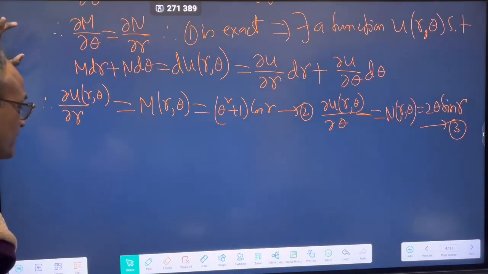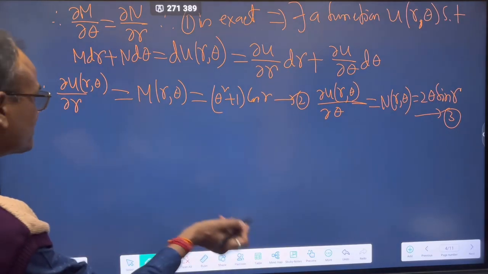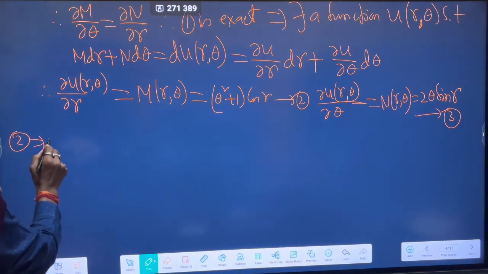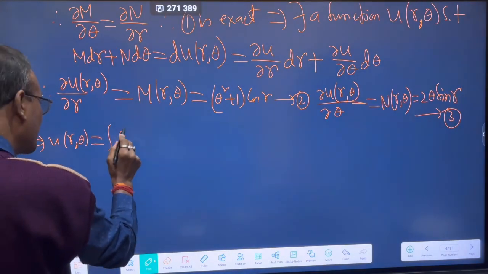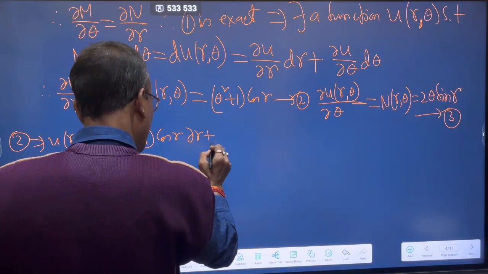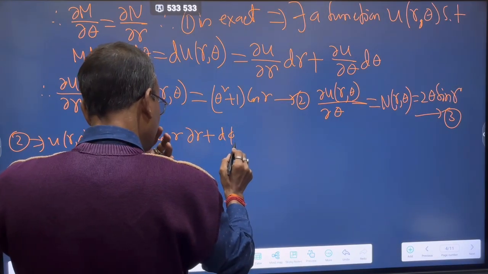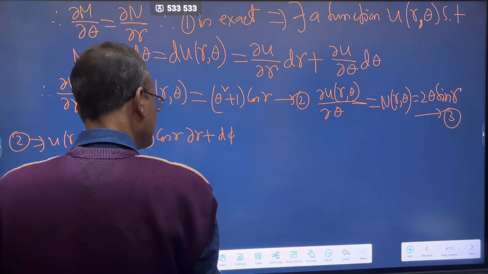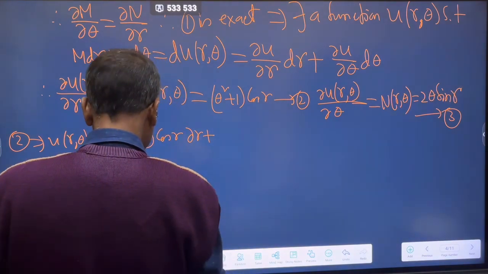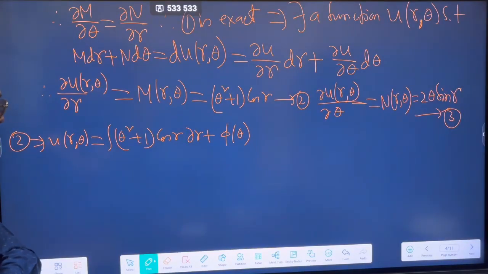Now, you see here. From 2, you will get u(r, θ) equal to the integral of (θ² + 1) cos r ∂r plus φ, a function of θ only.